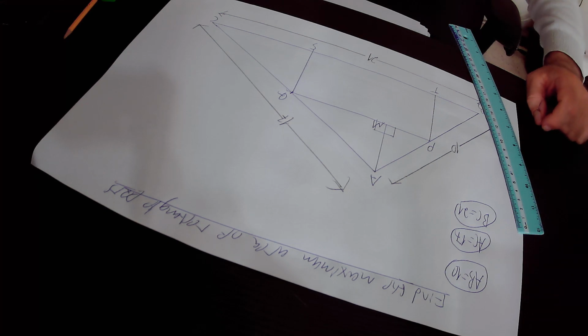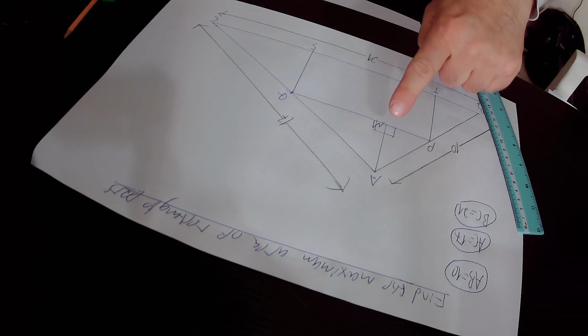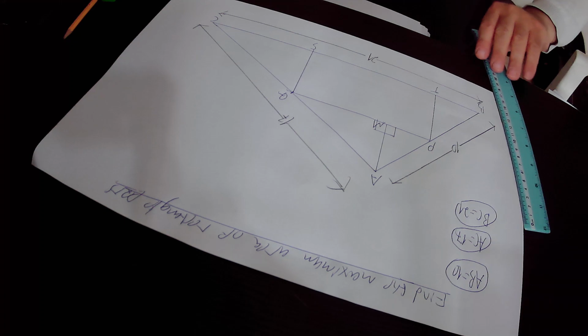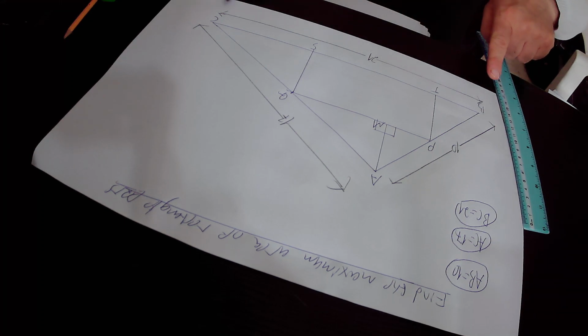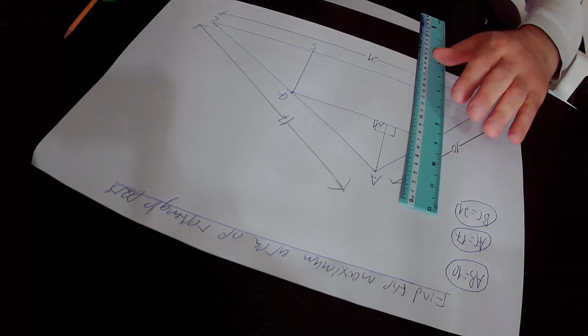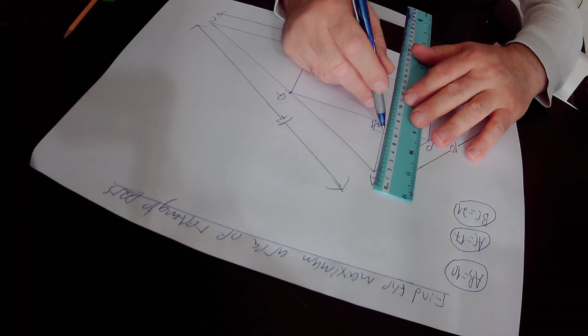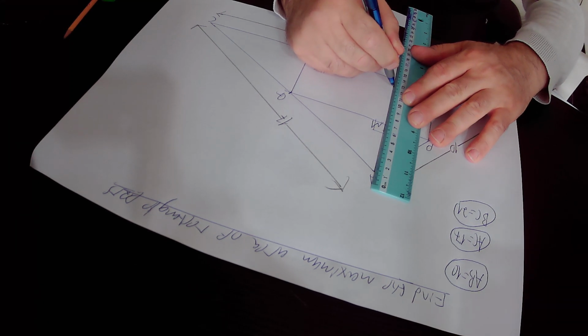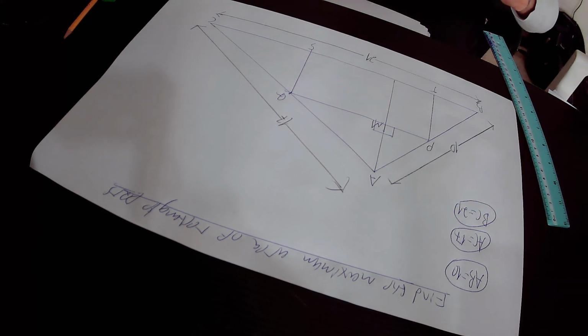In the next step, we'll extend the perpendicular AM by a straight line until it touches side BC. And we define the touching point of the extended perpendicular AM and side BC.